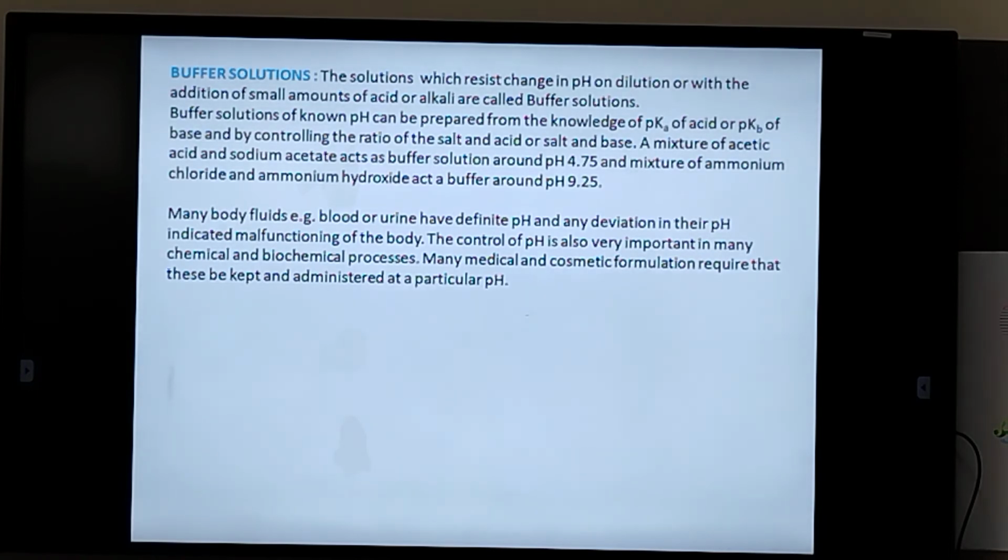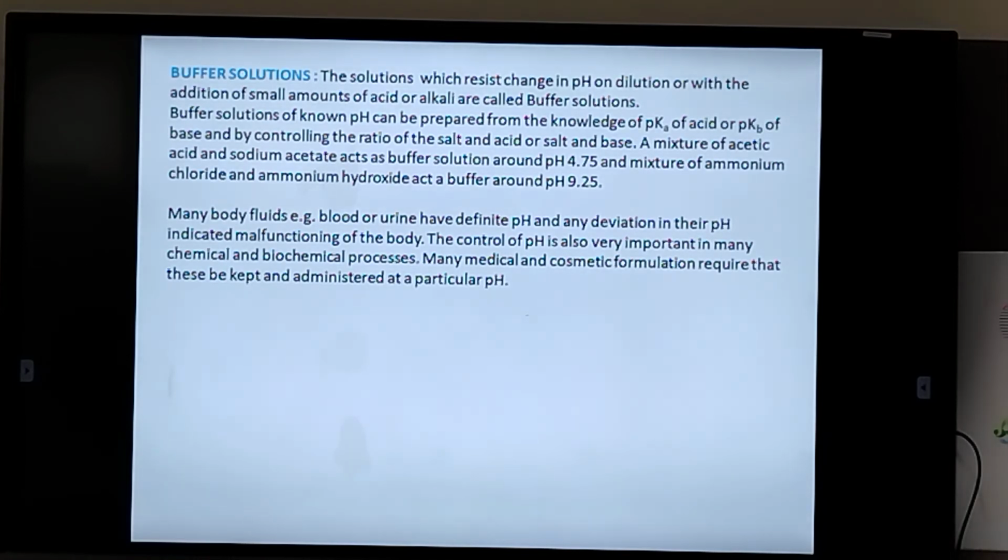Now our last topic of today is buffer solution. The solution which resists change in pH on dilution and with the addition of a small amount of acid or alkali is called a buffer solution. Buffer solution of known pH can be prepared from the knowledge of pKa of the acid or pKb of the base, or by controlling the ratio of salt and acid or salt and base.